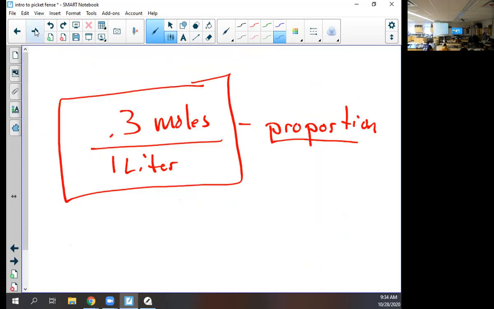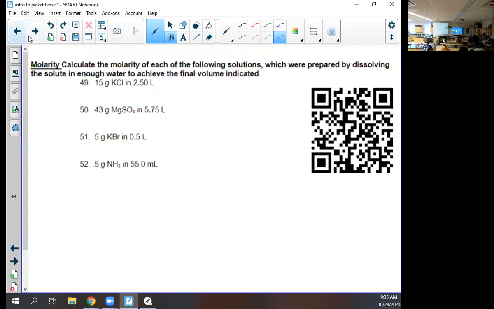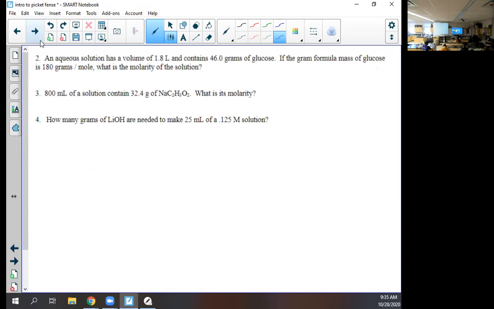Oh, I have it just in a super stupid order. Okay, here we go. Number 2, it wants molarity. Please follow along. So I want to know the moles per liter or molarity.